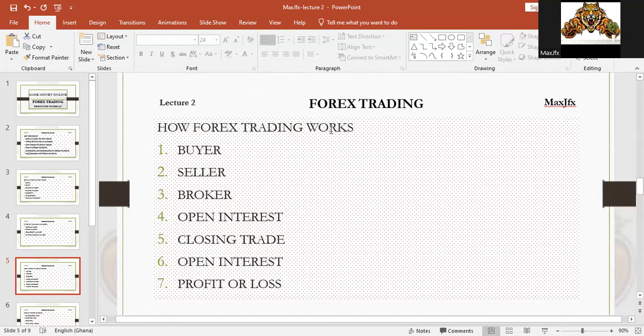And in forex trading, when there's an increasing open interest, it means there's a higher probability of continuation of a trend. So they become one open interest. Now let's go back a little.